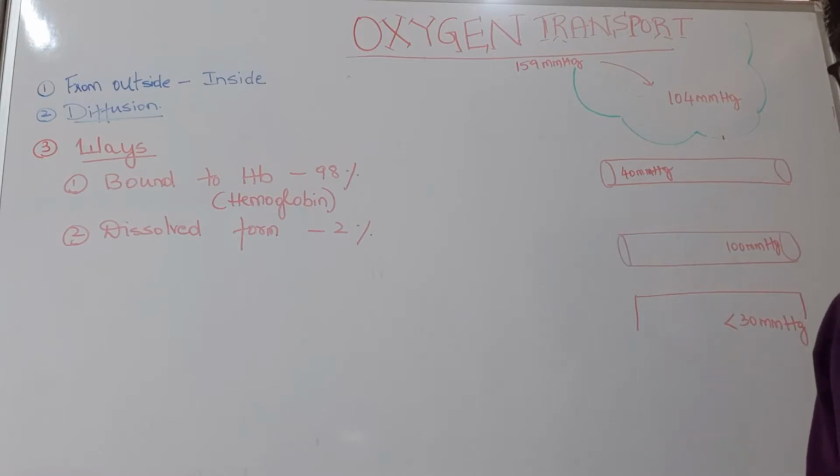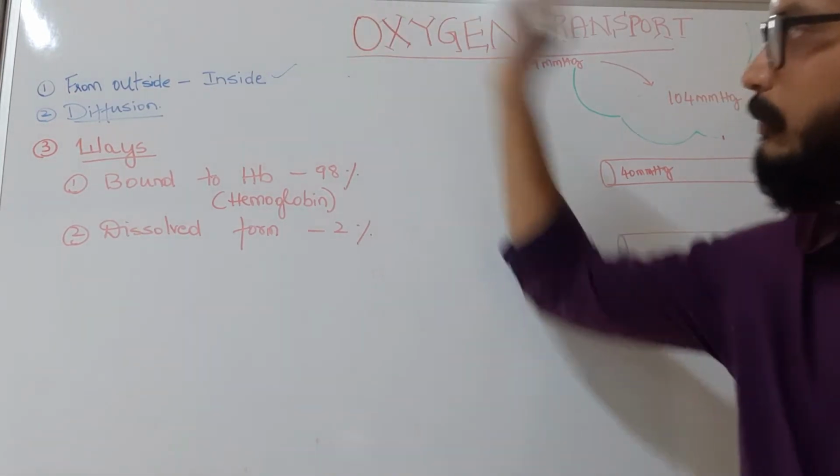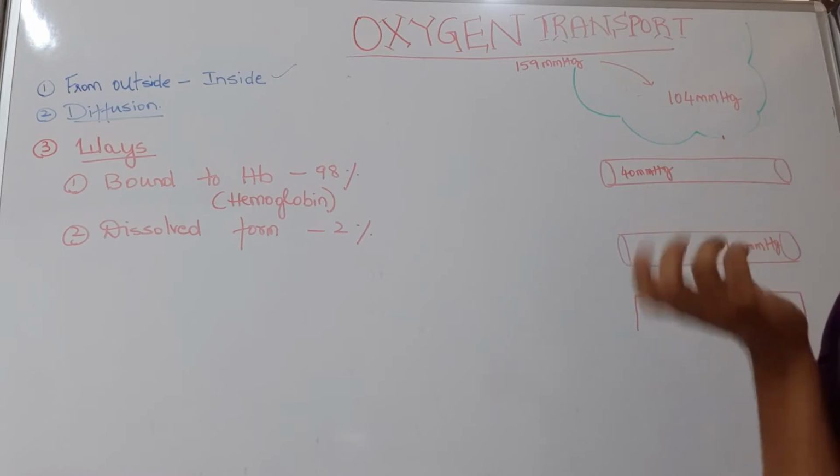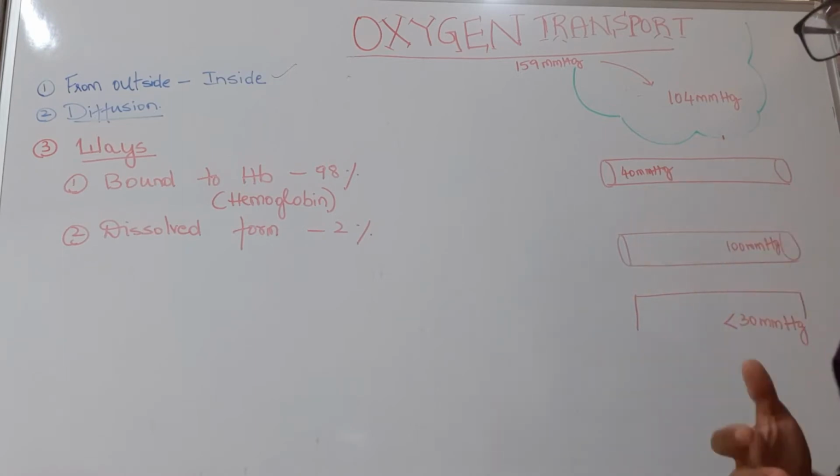In the sequential steps of oxygen transfer, the first point to be discussed is how the oxygen from the environment gets inside the body. So, the first point is how it moves from the environment to the lungs.